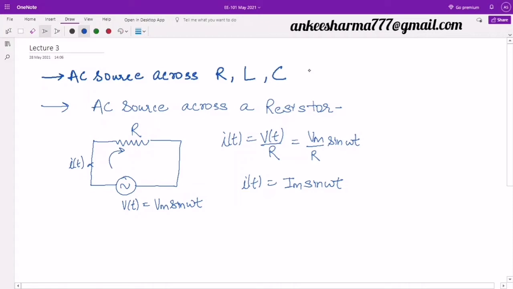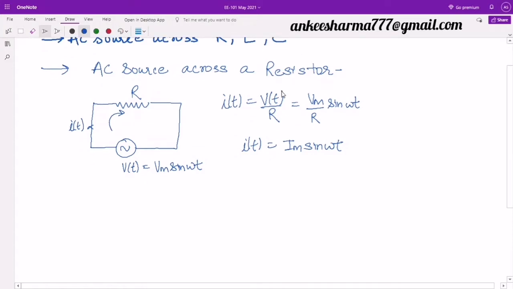Right? Now if I have to find the power over here, what is the formula of power? Power is given by product of voltage and current. So P of t will be equal to V of t into I of t. This is a simple formula we all know.